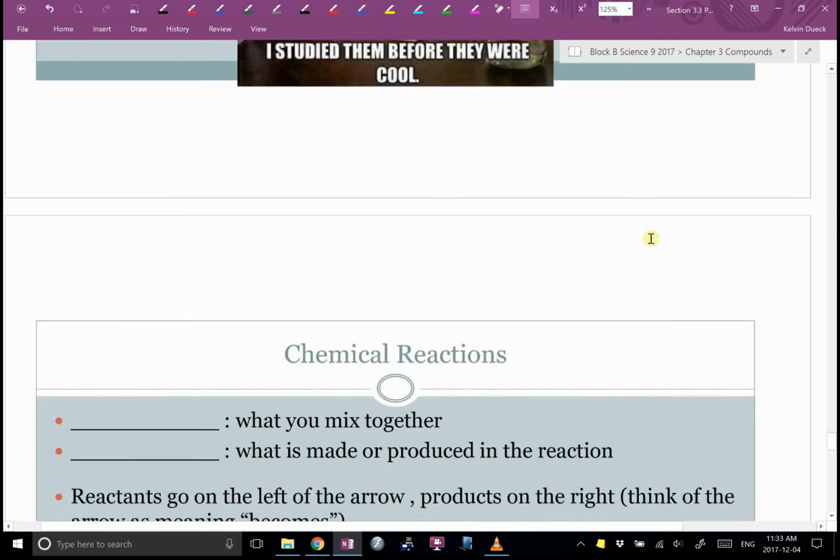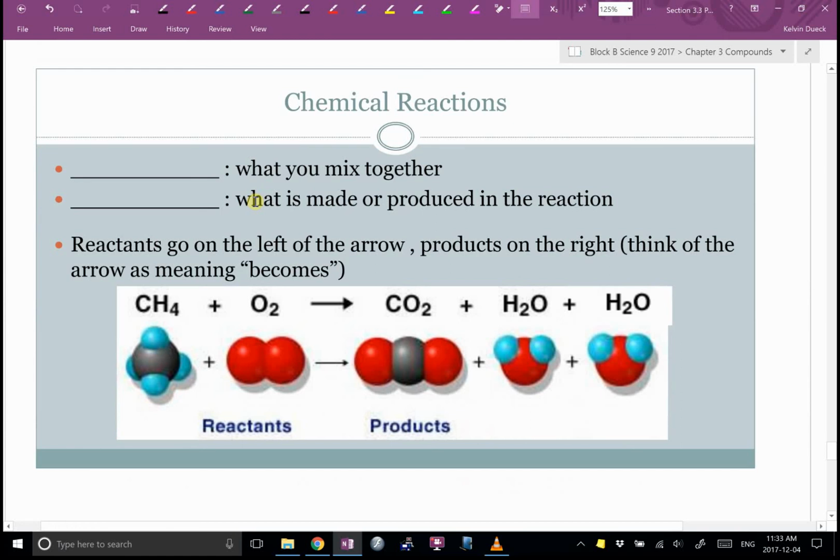A couple more vocabulary terms. When you mix substances together, we call those the reactants. And then what you get out the other end in a chemical change are the products. You've sort of used these words without realizing it, because you've heard about a chemical reaction.